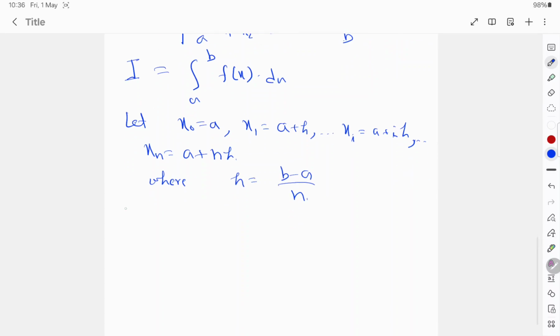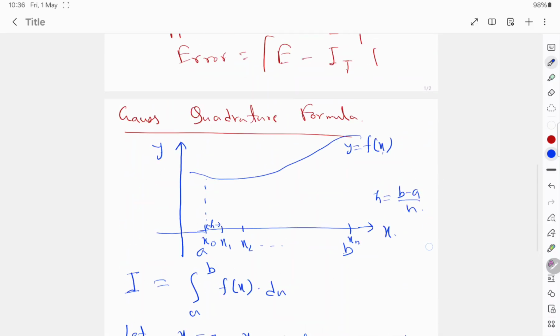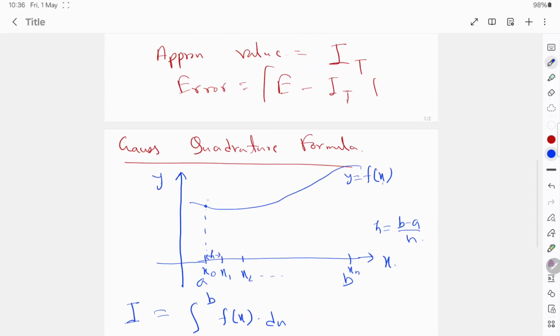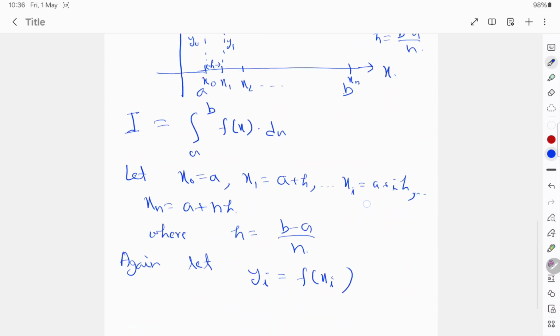Okay, again let's suppose you are assuming that function value, let yi equal to f of xi. So basically this height is your y0, right? Corresponding this is your y1, the height, and this one, like that.